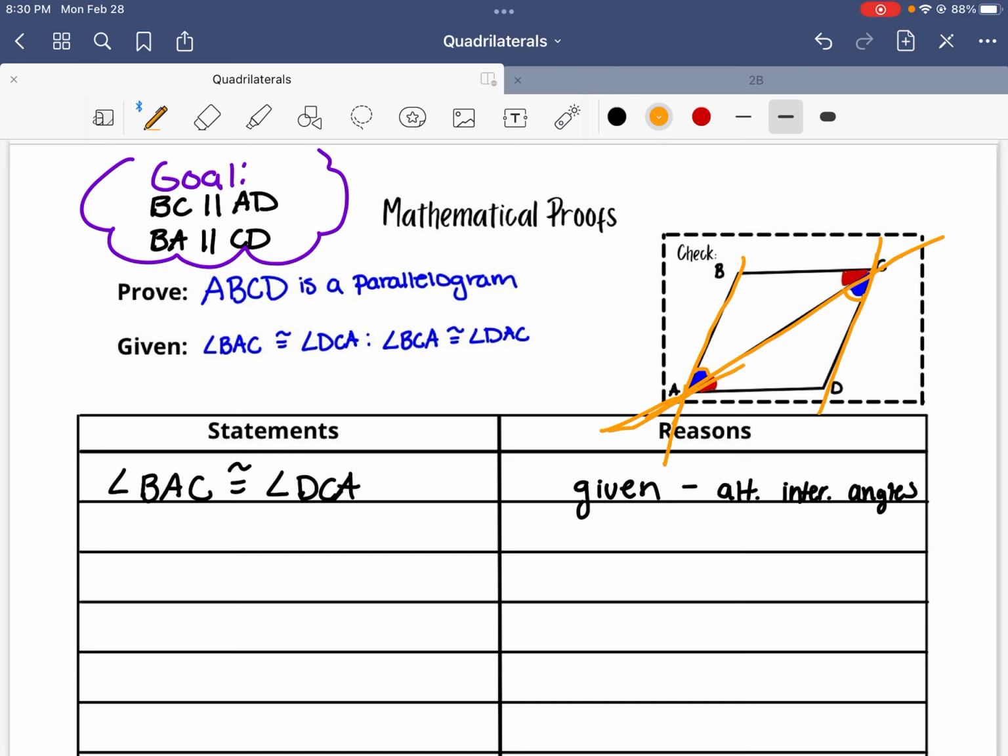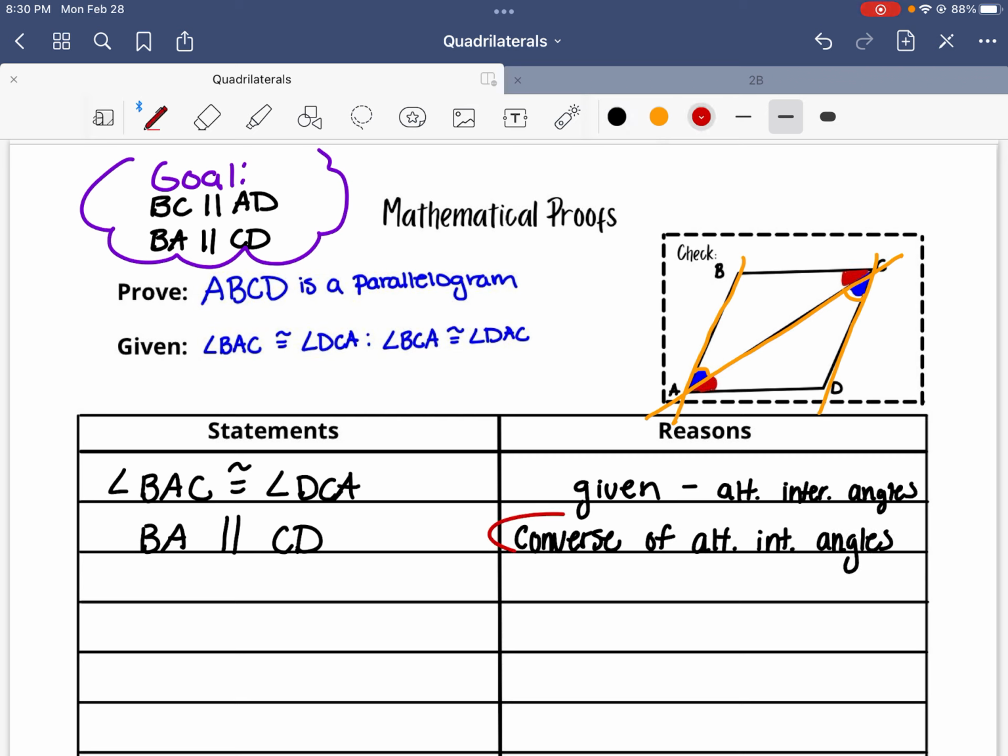We need this transversal that's cutting through, but we'd also need two parallel lines. So by assuming that these angles are congruent, we are basically also giving away that these lines have to be parallel. So therefore, I can say that the line BA is parallel to CD by the converse of alternate interior angles.